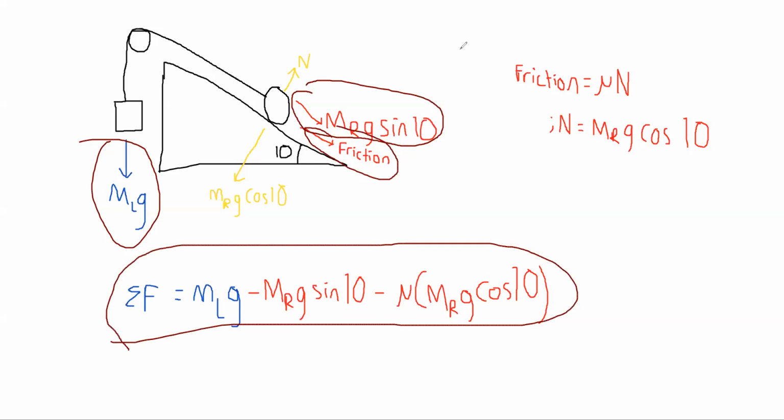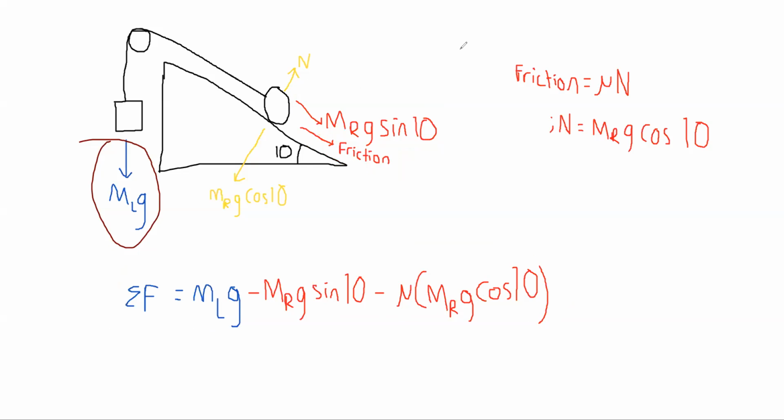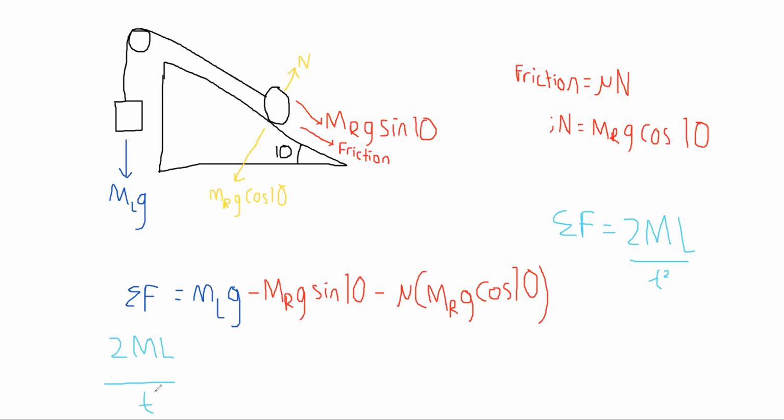Also, we know from the previous equation that F equals 2ml over t square, right? So we just substitute the equation: 2ml over t square equals the expression above.